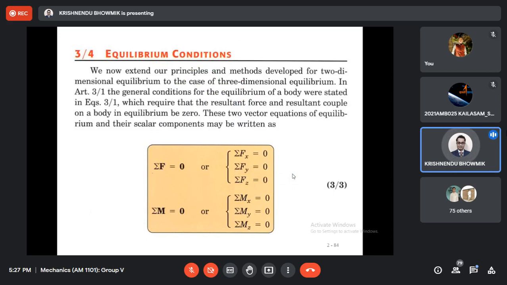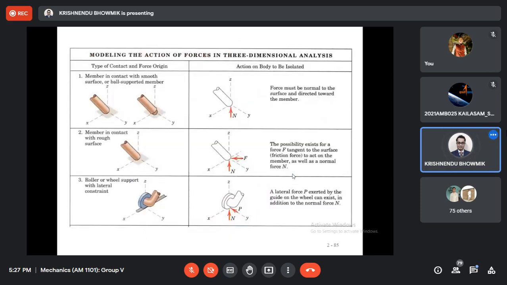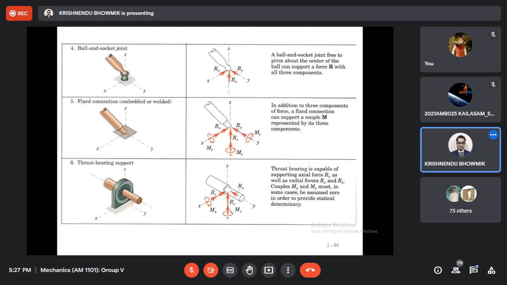Now in three-dimensional equilibrium conditions, in a similar way, when we have a roller, contact, some socket, or fixed connections, see Rx, Ry, Rz, Mx, My, Mz.